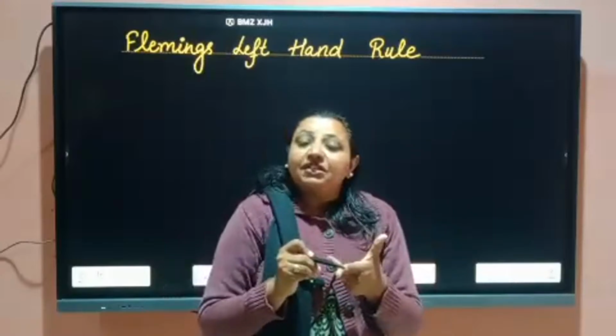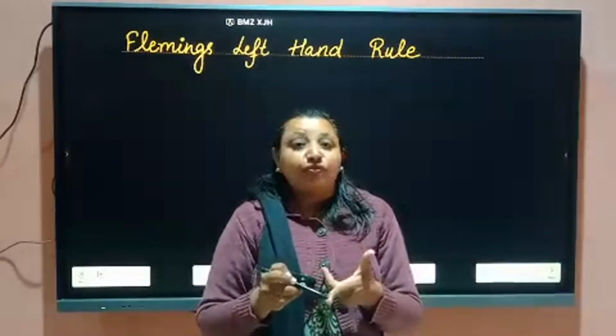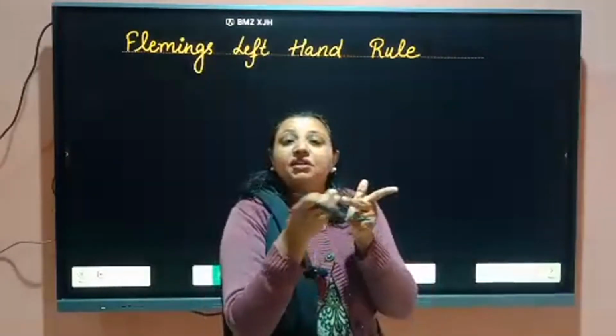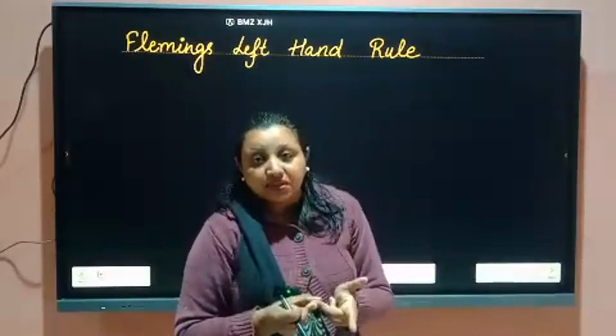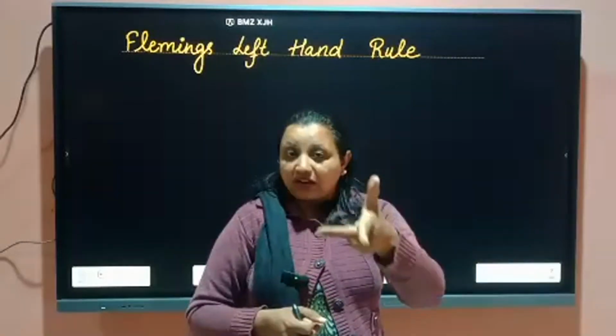The first finger or index finger represents the direction of magnetic field, and the middle finger represents the direction of current or velocity vector. So this is Fleming's left hand rule.